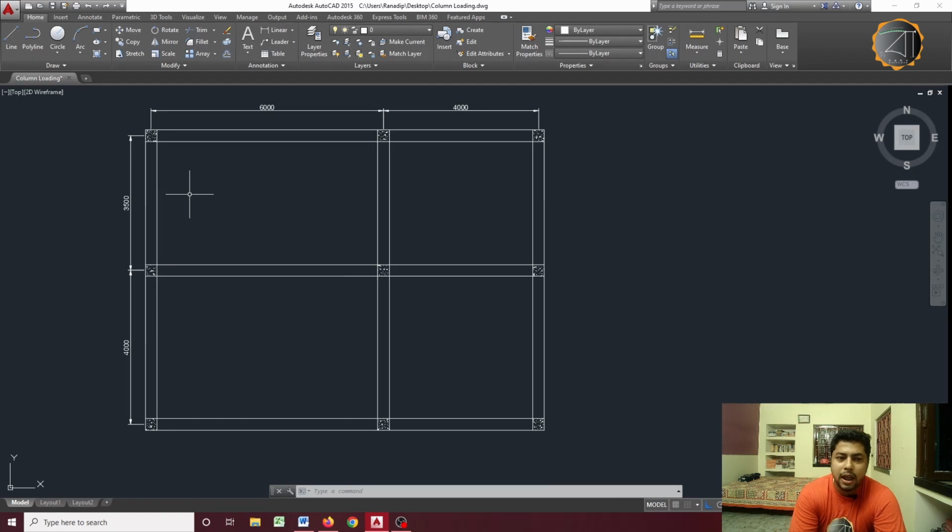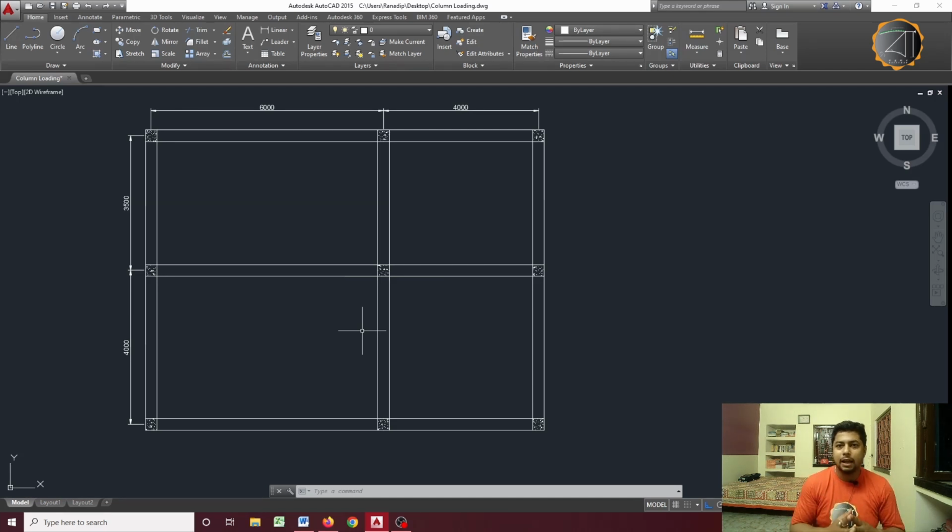Suppose you have a plan like this one, or anything much more complex. You can calculate the load coming into it in two simple steps. First of all, you need to know from which area a particular column you are about to design is getting the loads.